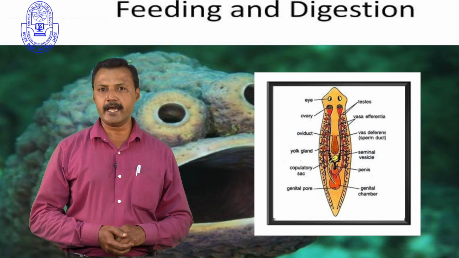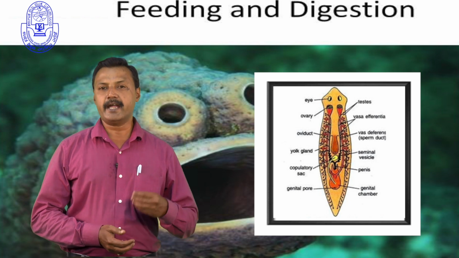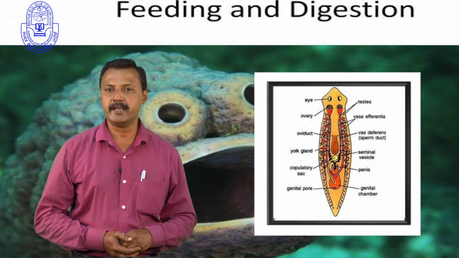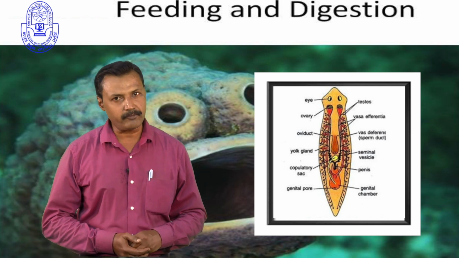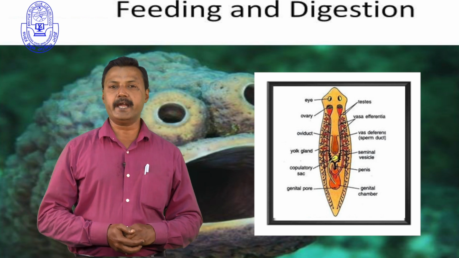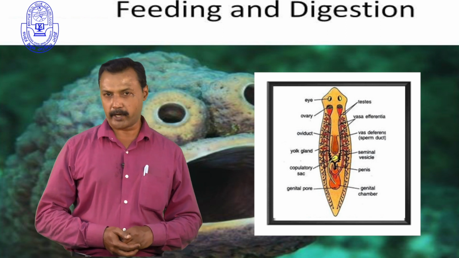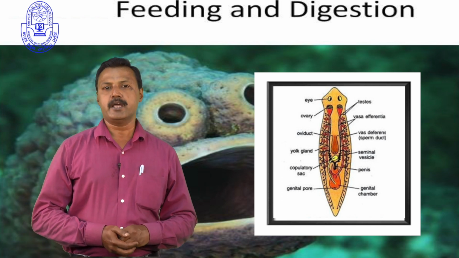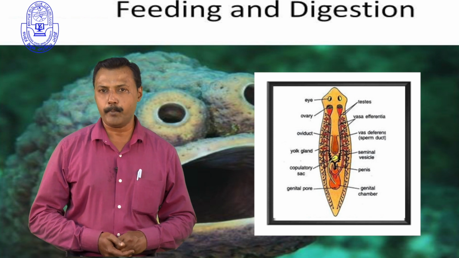The prey engulfed through the mouth is retracted inside the intestine, and the intestine performs extracellular digestion, while within their body intracellular digestion also occurs, which transports nutrition to various parts of the body. Similarly, the undigested food particles are excreted out of the mouth region or through what are called excretory pores.